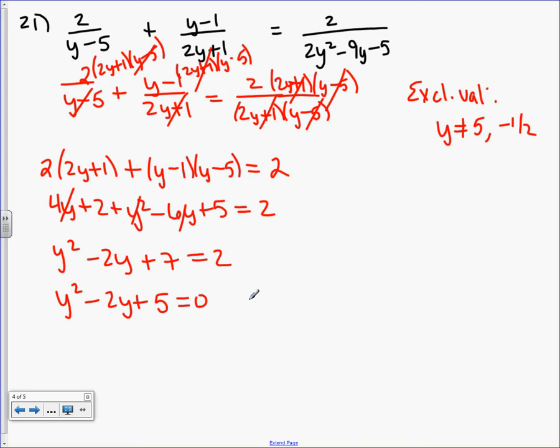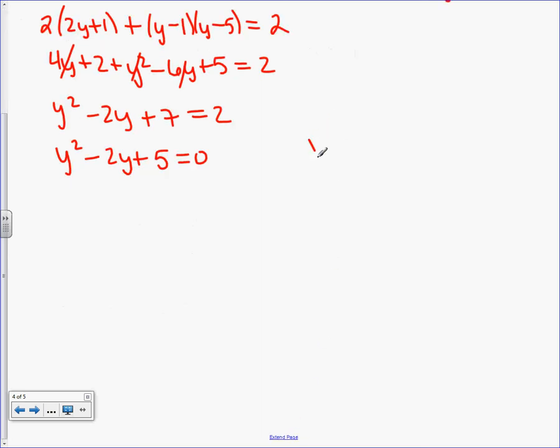Is anybody confused? What do we do now? Factor if you can. What multiplies to 5 and adds to negative 2? Nothing. So what do we have to do instead? Quadratic formula. So x equals negative b plus or minus square root b squared minus 4ac all over 2a. What's a in this problem? 1.